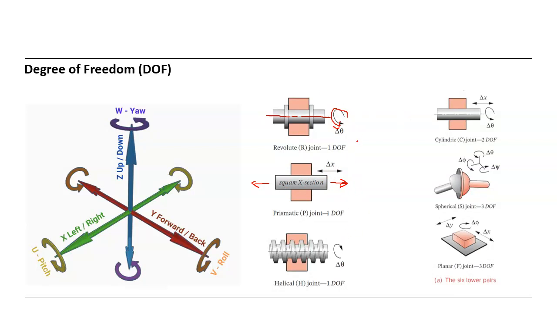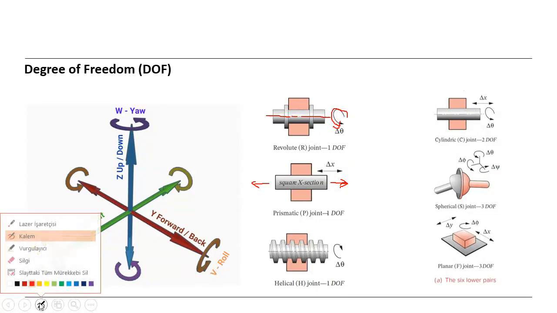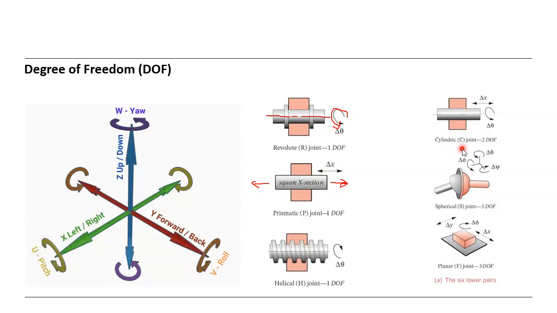So here the rotation, and here the translation. And here we have a helical joint, also 1 degree of freedom. But in that case we have a translation. Let's use the laser pointer. If you have such a joint, we have translation and rotation together. That means this type of joint has 2 degrees of freedom.